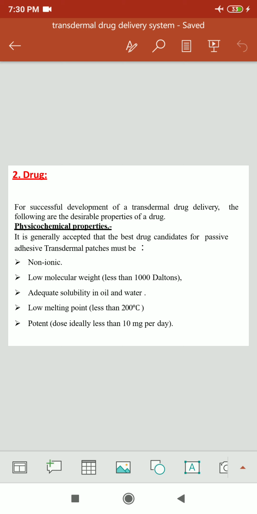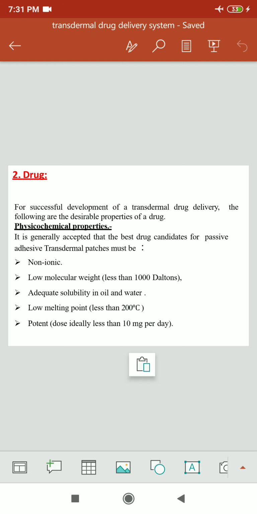That's why the drug must be non-ionic, with low molecular weight, less than 1000 Dalton. Adequate solubility in oil and water. The drug should have sufficient solubility in oil and water, because our skin structure has oil glands and is also hydrated. So the drug must be adequately soluble in oil and water.